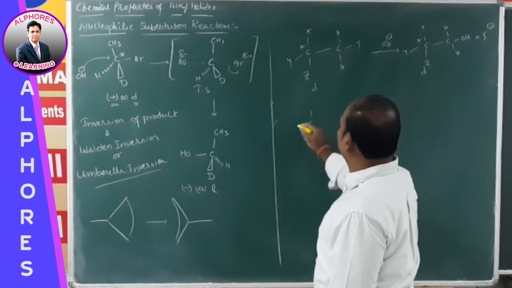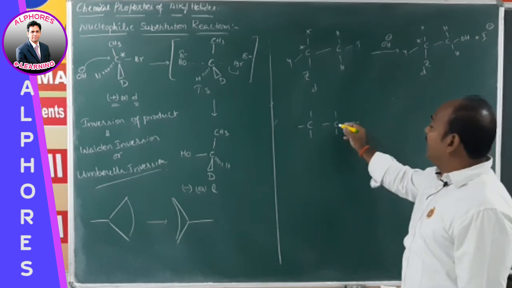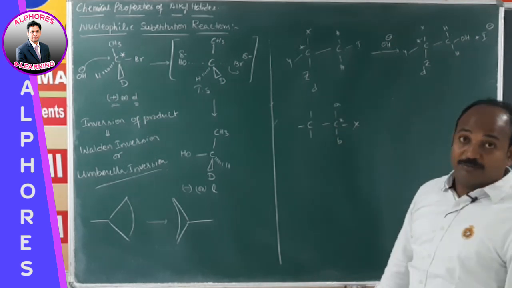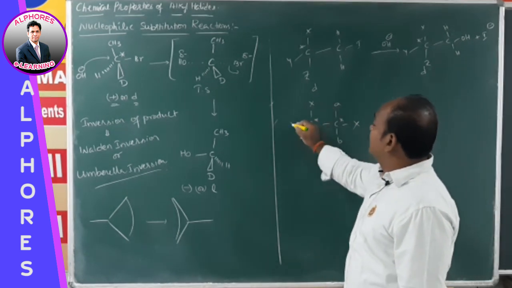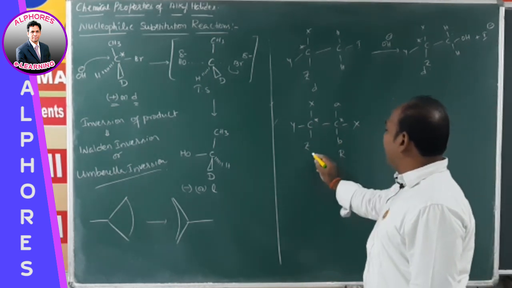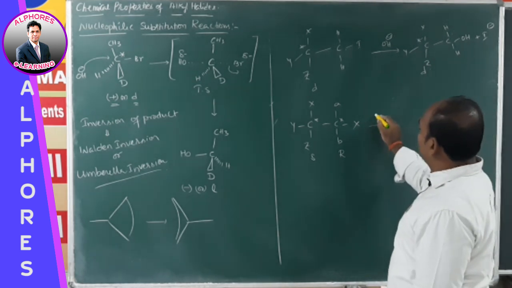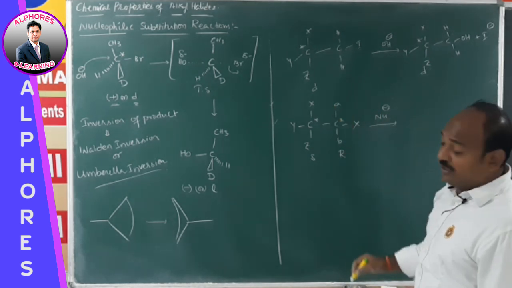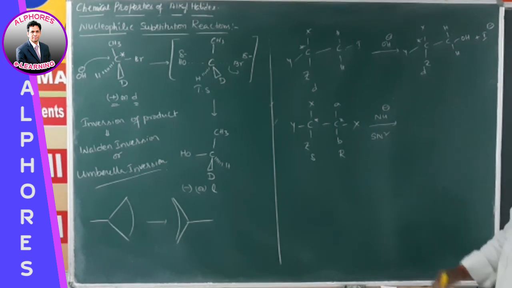Now I am going to take one more case. In that case there are 2 carbons here, the leaving group containing carbon is chiral, say the remaining 2 groups are A and B, and the adjacent carbon is also chiral, say the remaining 3 groups are X, Y, Z. I am going to mention that this carbon is R and this carbon is S. Now because of the SN2 reaction, the nucleophile approaches from the rear side, and obviously inversion of product takes place.